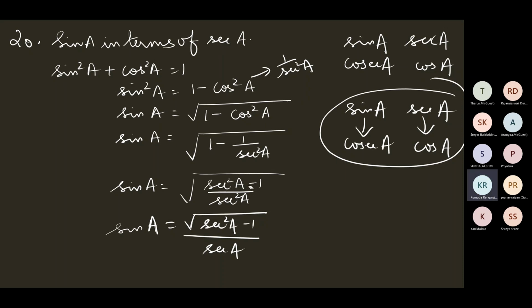So square root of secant square A minus 1 by secant square A. So sin A is equal to square root of the numerator divided by square root of secant square A, which is secant A. So sin A in terms of secant A is sin A equal to square root of secant square A minus 1 by secant A.